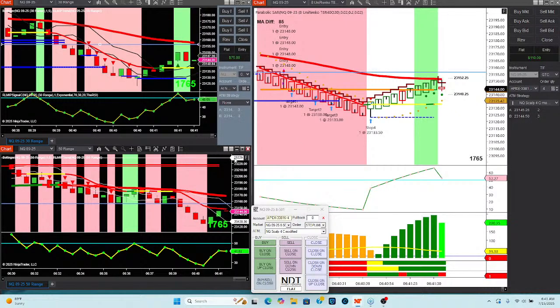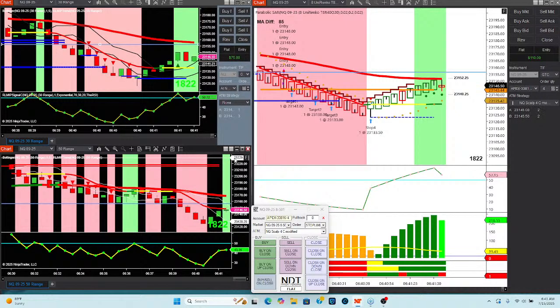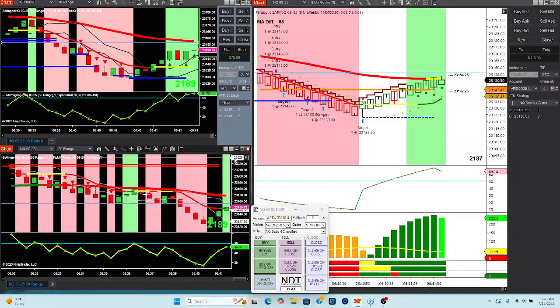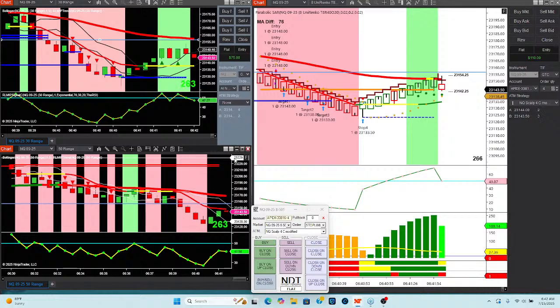What I think for the power play, I like my higher time frame to be kind of in position. If my higher time frame is doing that, then I like to activate the power play, and it's given me more consistent results. So it's kind of like an auto assist.